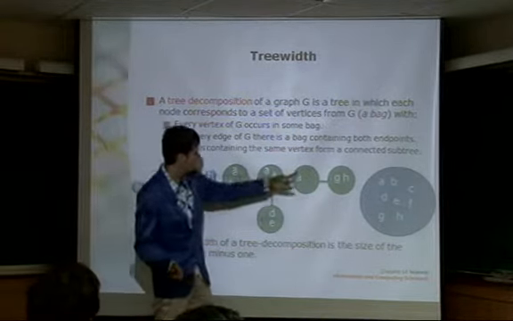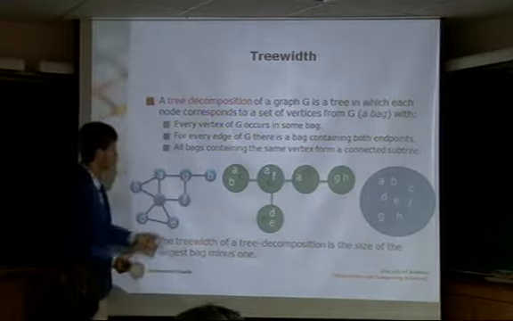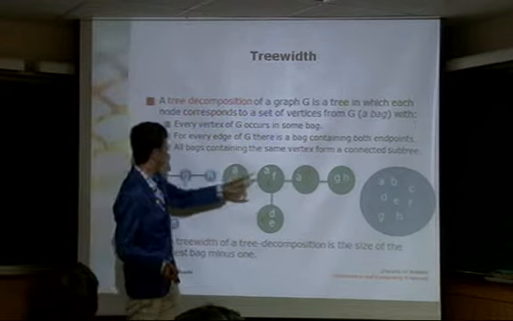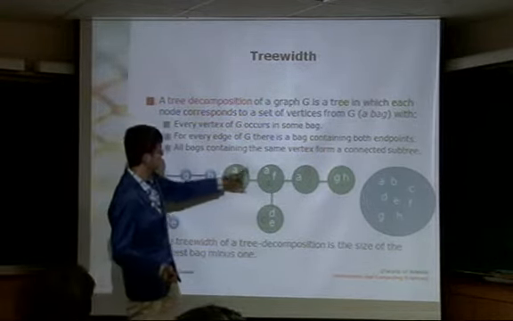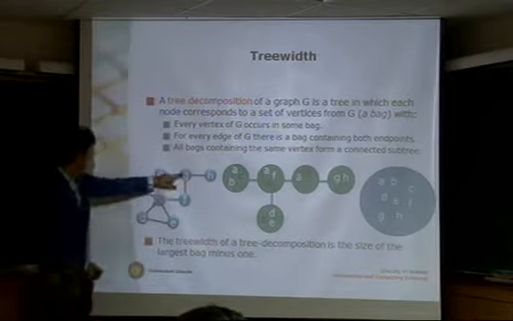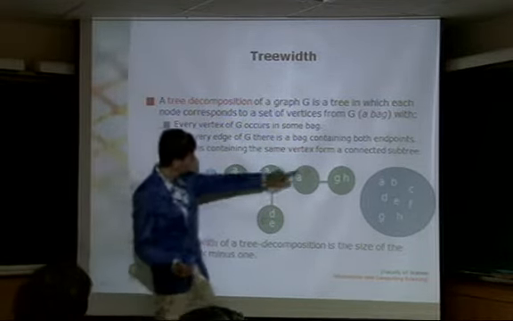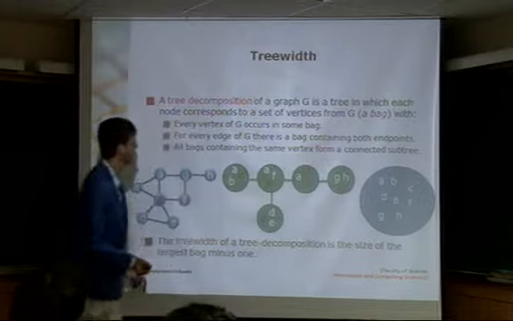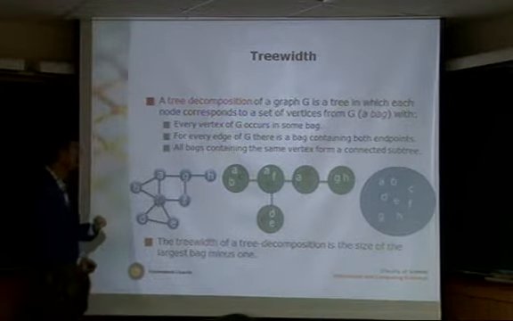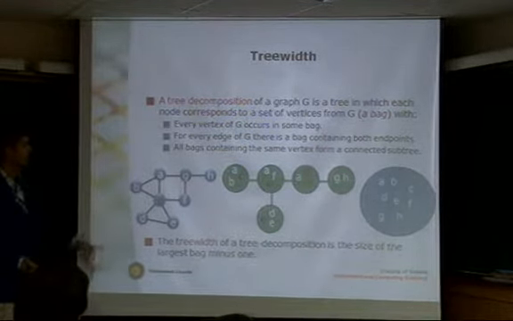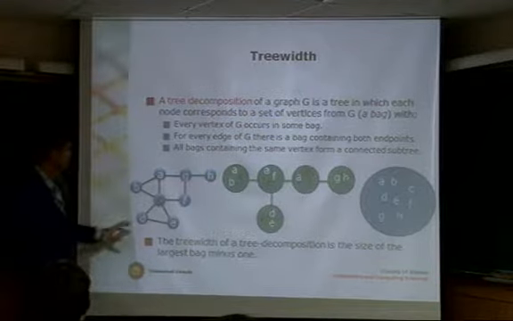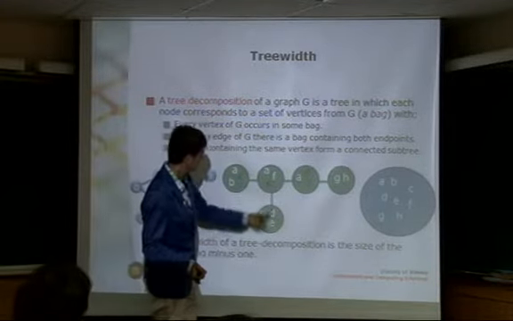You can see vertices often appear in more than one bag, but every vertex is somewhere. For every edge there is a bag containing both endpoints. For instance, the edge GF, you see that both G and F are here. This is true for every edge. And all bags containing the same vertex form a connected subtree. So for instance, all bags containing C are here.